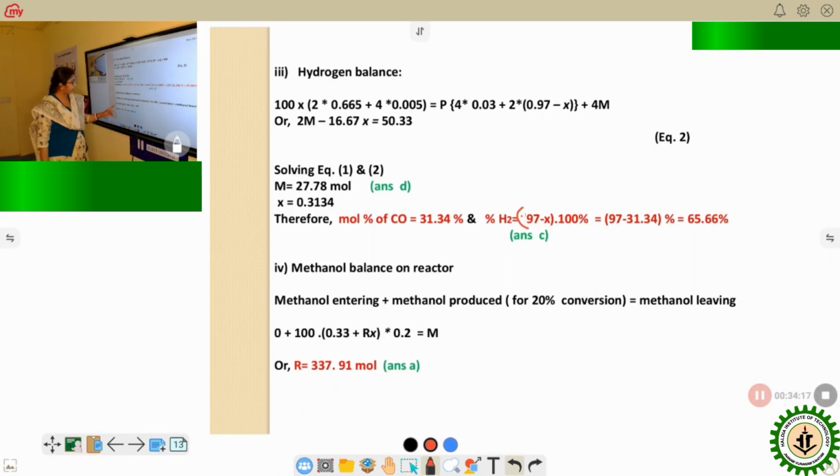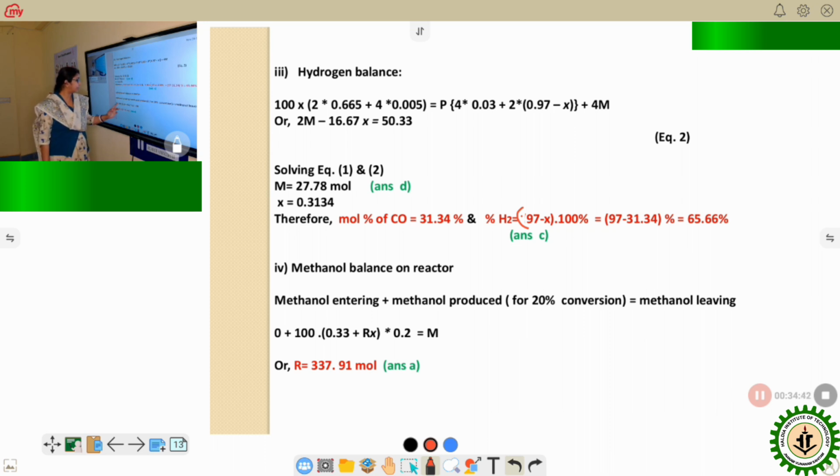So, what can we write? Methanol entering, that is 0. Methanol produced, what is that? 100 mole is feed. Out of 100 mole, carbon monoxide is 33%, so 0.33 is the mole fraction of carbon monoxide, plus R, that is the number of moles in the recycled stream, into X, that is the carbon monoxide mole fraction.